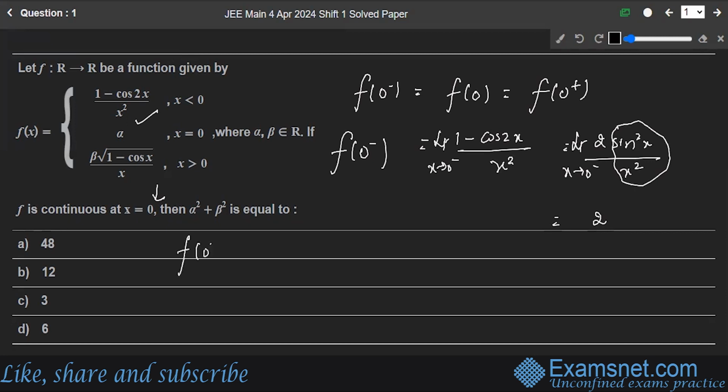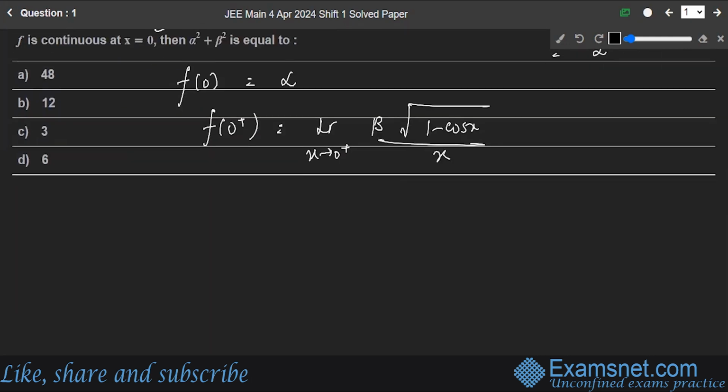Similarly, f of 0 is given to you as alpha, and f of 0 positive is equal to limit x approaching 0 positive beta root of 1 minus cos x divided by x. This is for x greater than 0. So again, you have limit x approaching 0 positive beta; this will be given by root 2 sine x by 2 divided by x by 2.